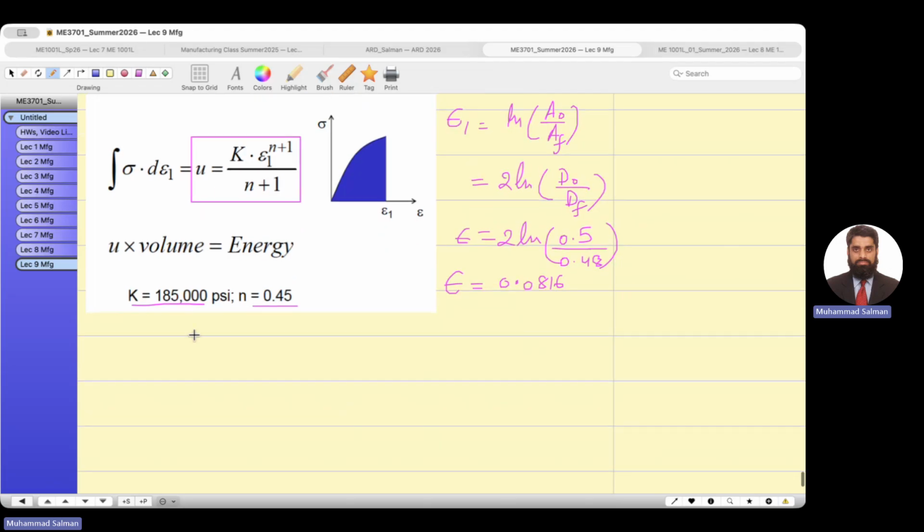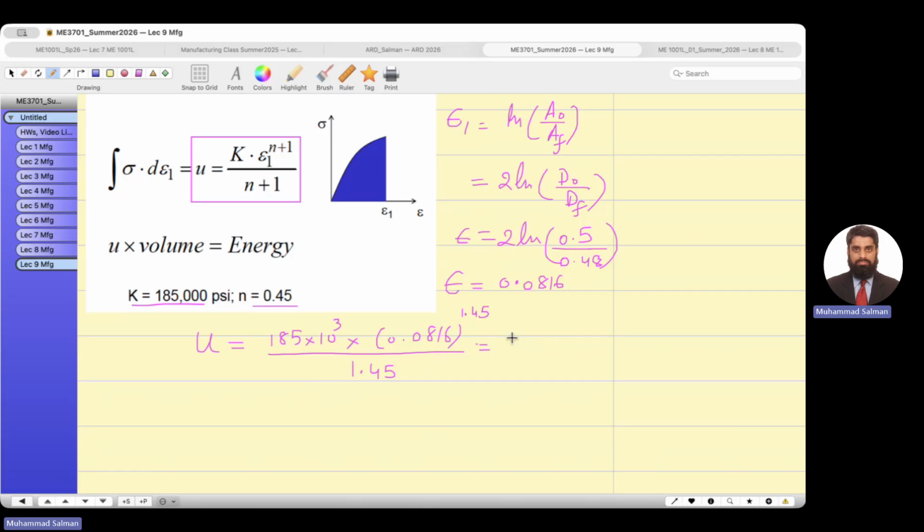So let's use energy per unit volume: 185 times 10 to the power 3, times 0.0816 to the power n plus 1, divided by n plus 1. So I will say 1.45, agreed, divided by 1.45.